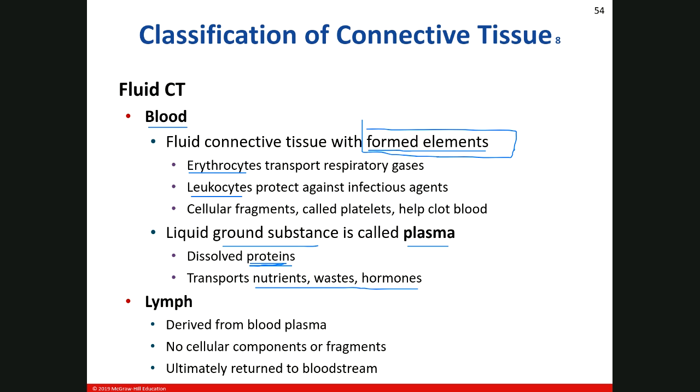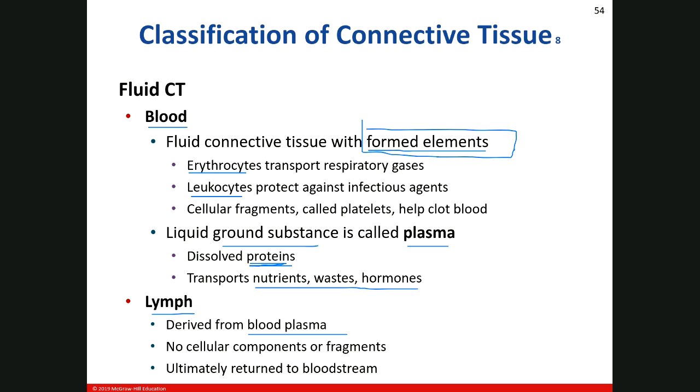The other type is the lymph. Essentially, the lymph comes from the blood plasma. So when you sprain your ankle, a lot of that swelling gets drained off into the lymphatic system, which will circulate it throughout and eventually dump it back into your blood system.